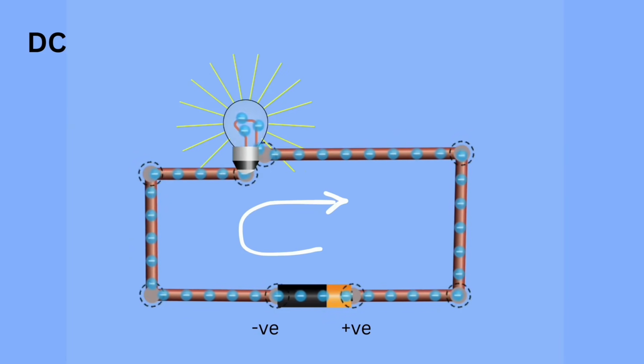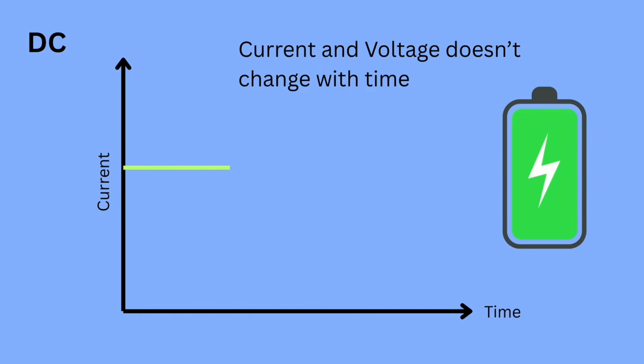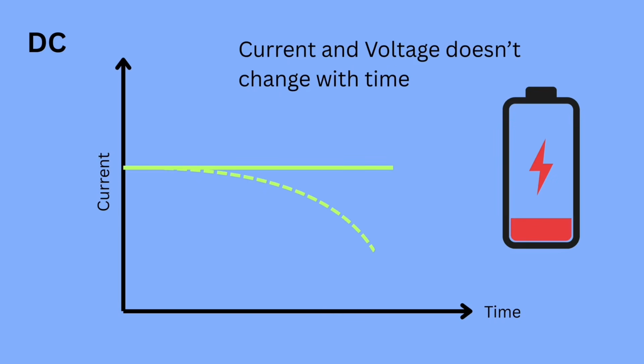The electrons always move from the negative terminal to the positive terminal, no matter how weak the current becomes. So, the graph can start as a straight horizontal line when the battery is full and might slowly slope downward as the battery drains, but it will never flip below the axis or change direction.